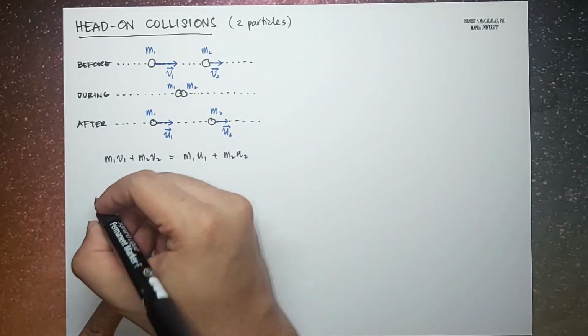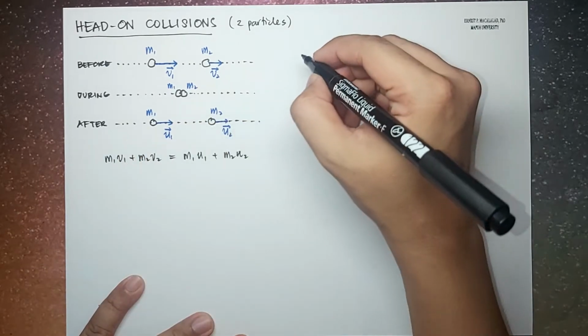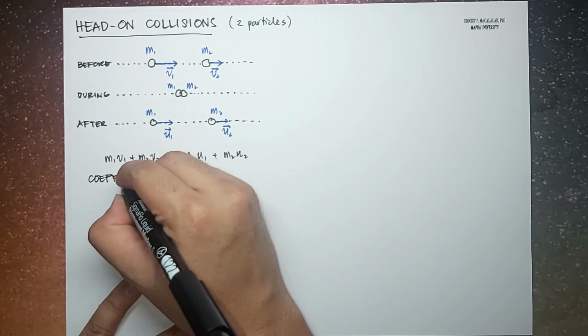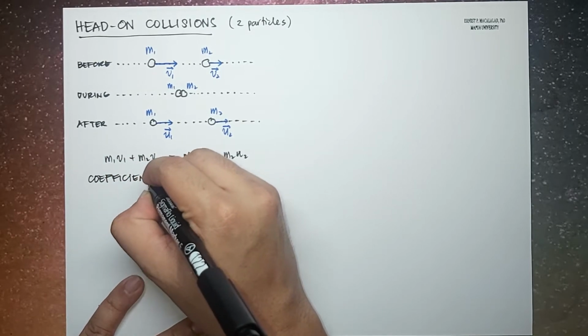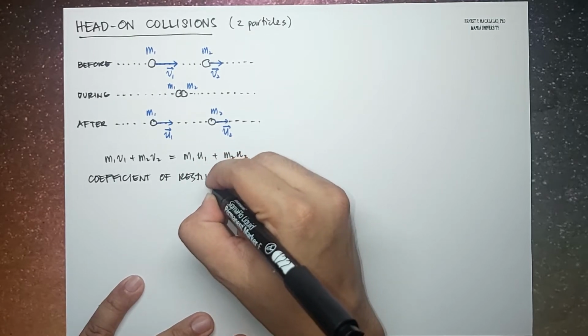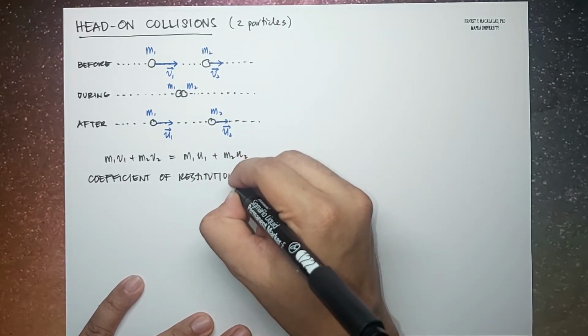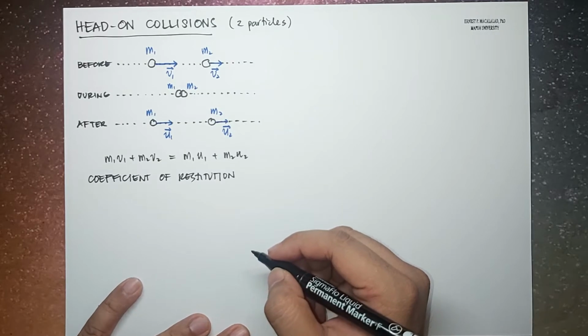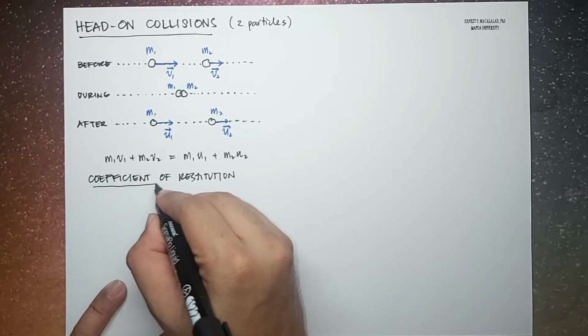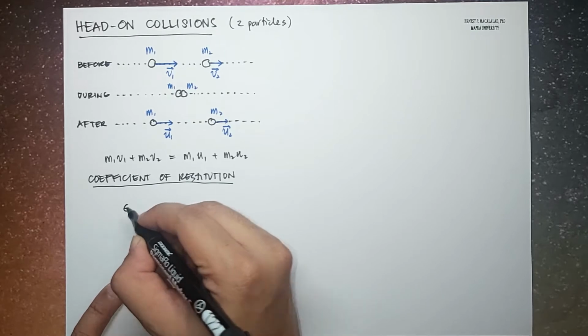Here we're going to introduce the parameter called the coefficient of restitution. The coefficient of restitution is a parameter expressed as epsilon.